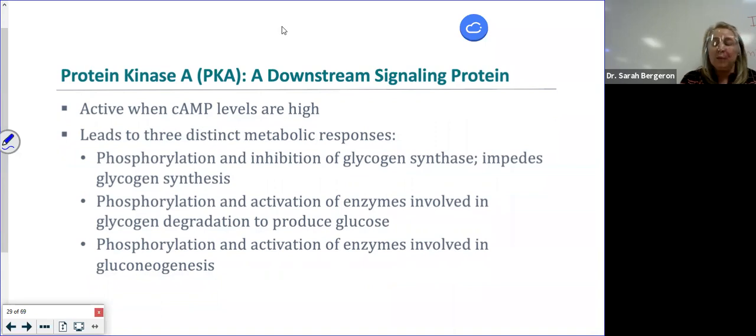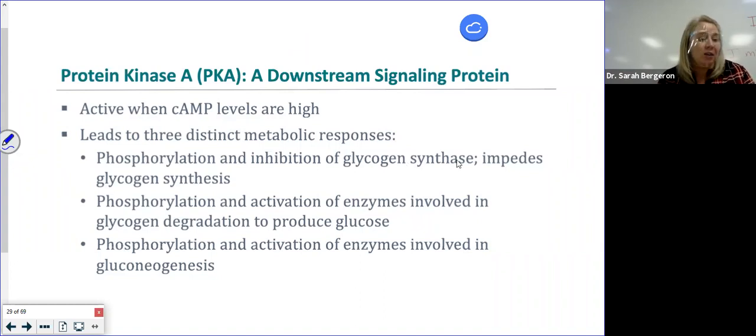There are a couple of different ways that we're going to get to that point. The first thing is we want to inhibit the body from making glycogen, because if we want to break glycogen down to glucose to get it out into the bloodstream, we want to stop making it. So you have to inhibit the glycogen synthase enzyme.